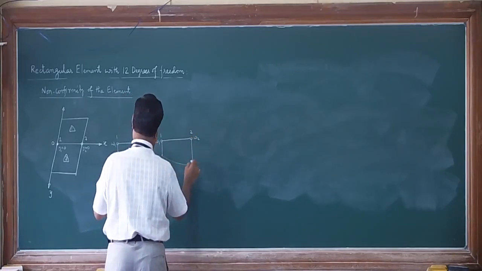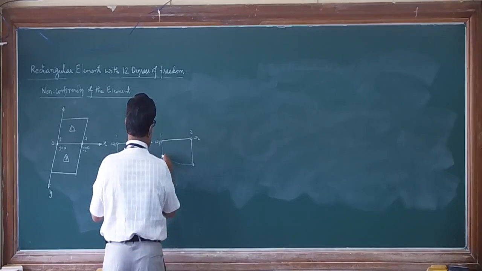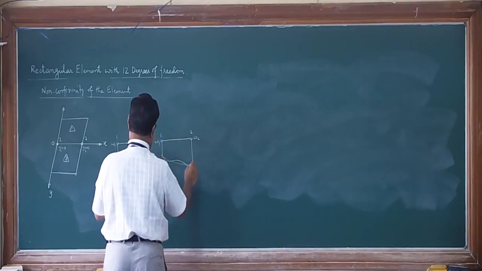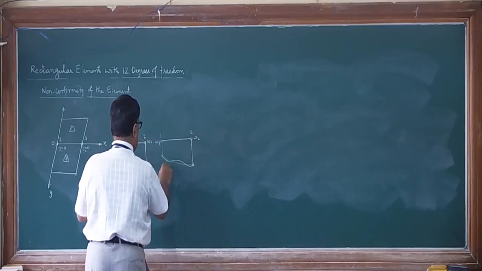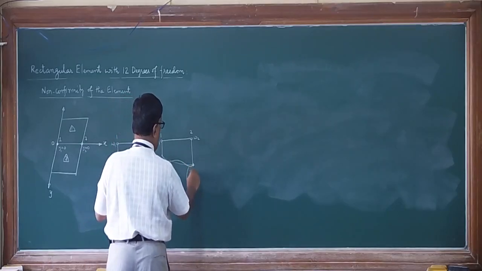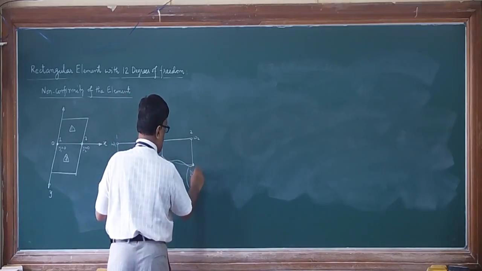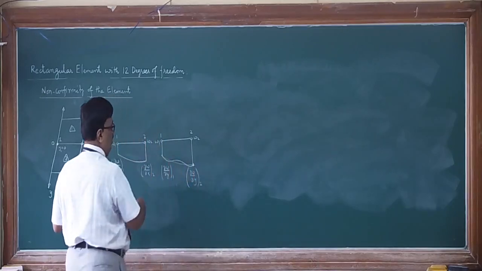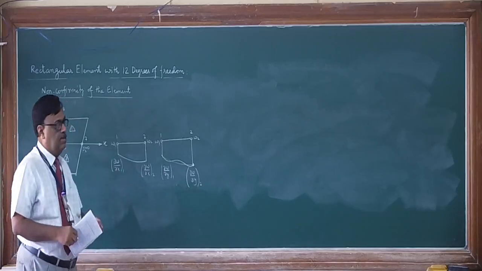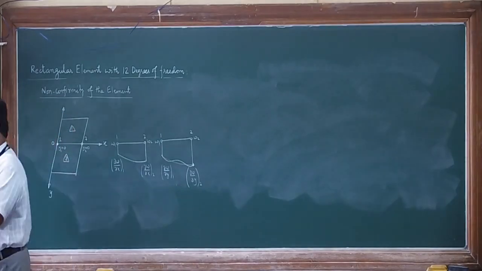Ideally speaking, it should be there, but there is going to be non-conformity of the element. So therefore, this will come like this. So that is dou W by dou y1 here and dou W by dou y2. See, look at this. There is no unique solution as far as the second slope is concerned. As far as the first slope is concerned, there is always uniqueness.